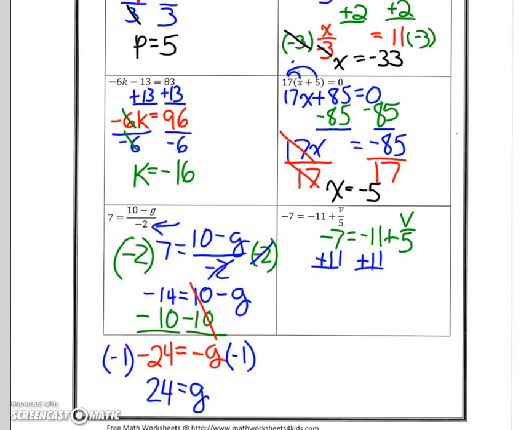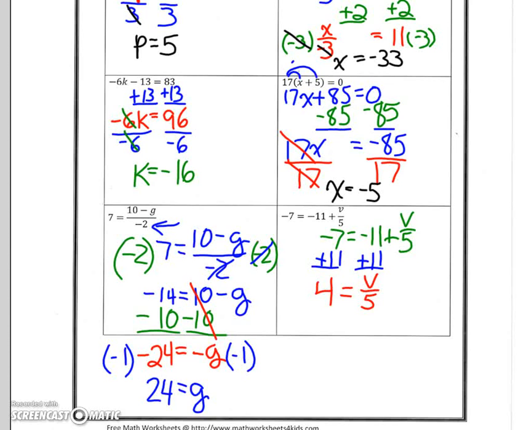That's going to give us v over 5. Negative 7 plus 11. Here's where we have to make sure we understand that if we go 7 into the negative, but 11 back to the positive, it's going to be a positive number. It's going to be positive 4. That's one area where we get tripped up a lot.